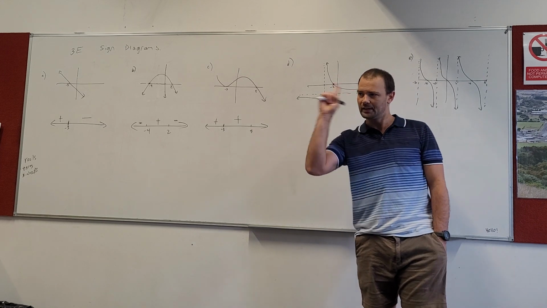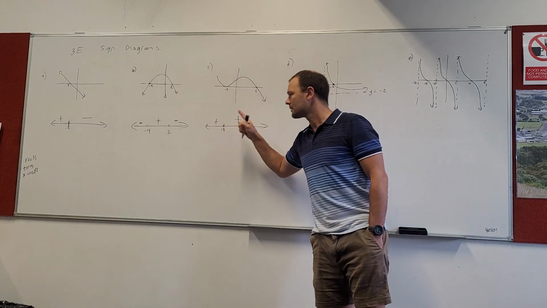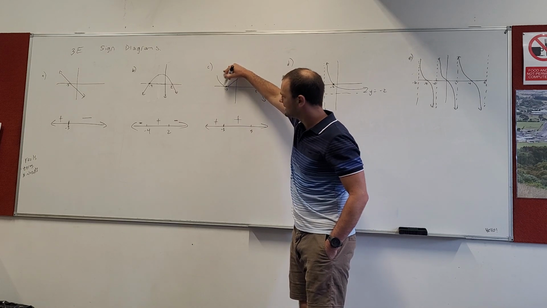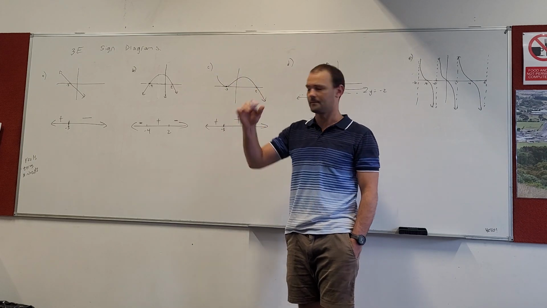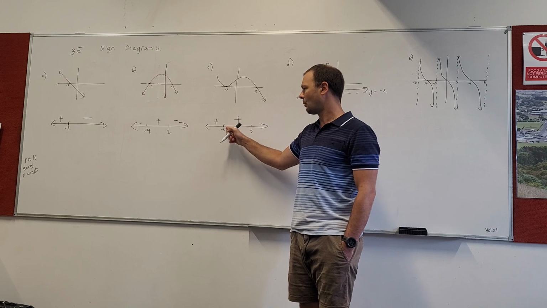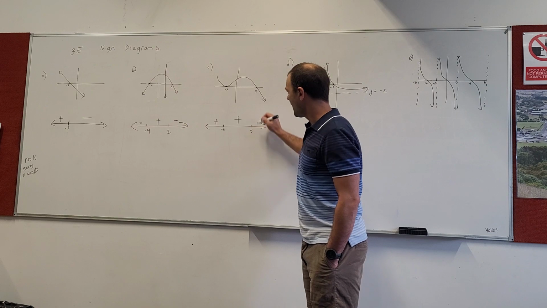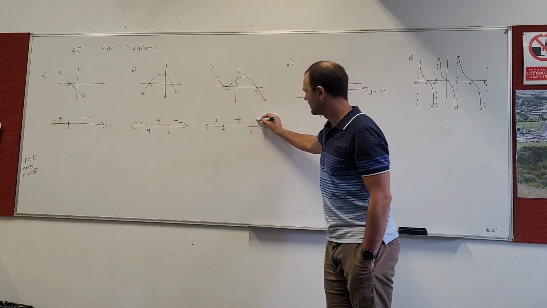But we still need to include that point because the function is 0 at that point. The y value is 0, neither positive nor negative. So we're indicating that at that point, the function is 0. And then we have this 5. After 5, it is negative.